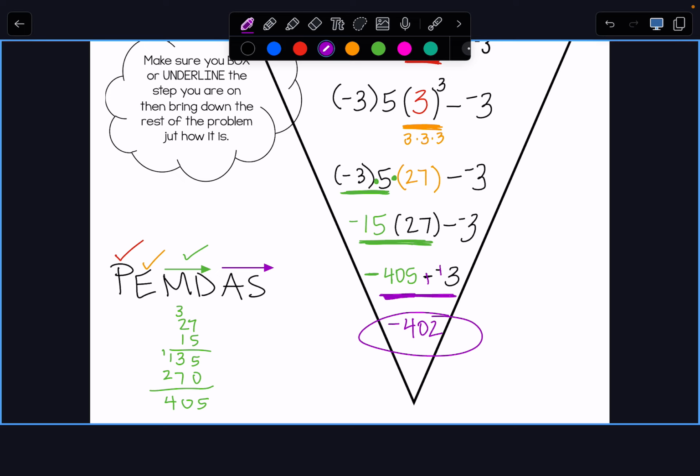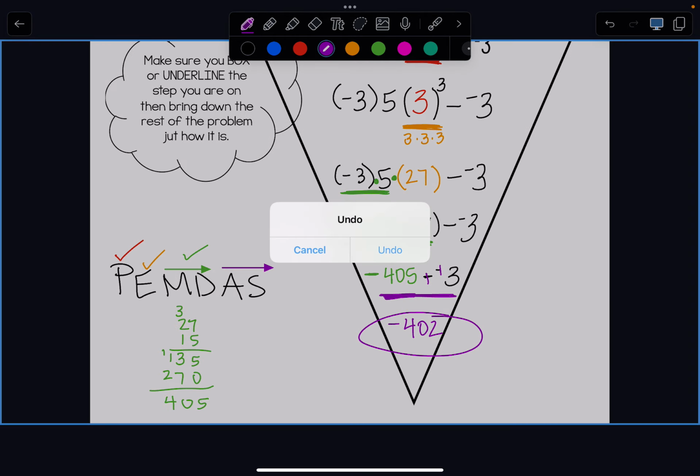Okay. Now here's the deal. I could keep doing problems for you, but you know PEMDAS. Or we can work at our own pace and get some feedback on if we're doing things right. So this is what's going to happen. I want you to leave your notebooks open to this page.